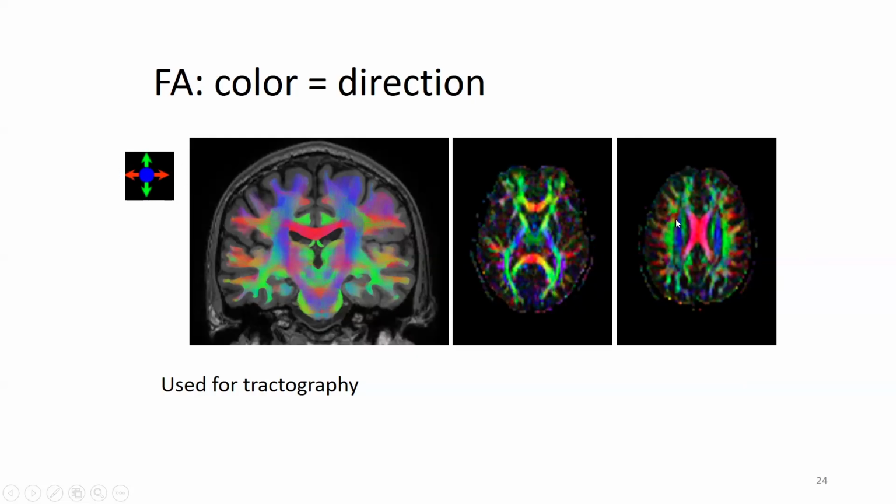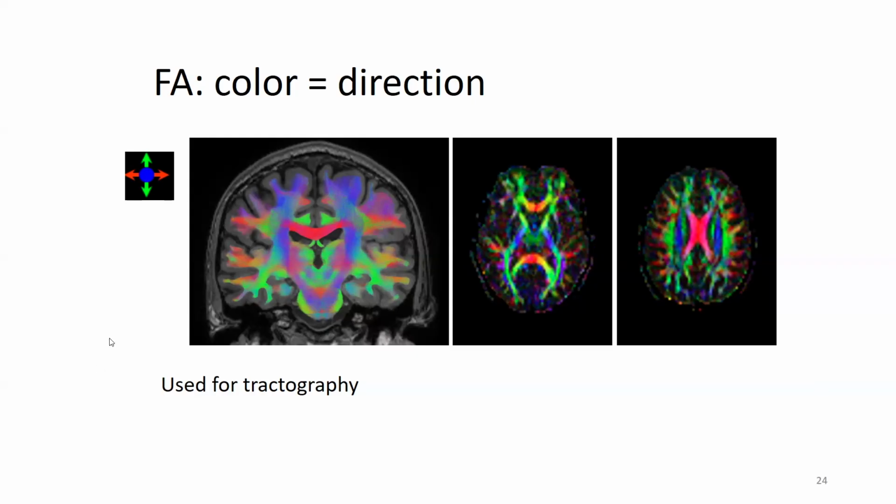So you do see here in the center a big red part, and this red means left-right. So what is again this structure that is shown here in red? As shown here also in red, and shown here in red? The corpus callosum. So the real bridge between the left and the right hemisphere, the corpus callosum, is of course left-right.